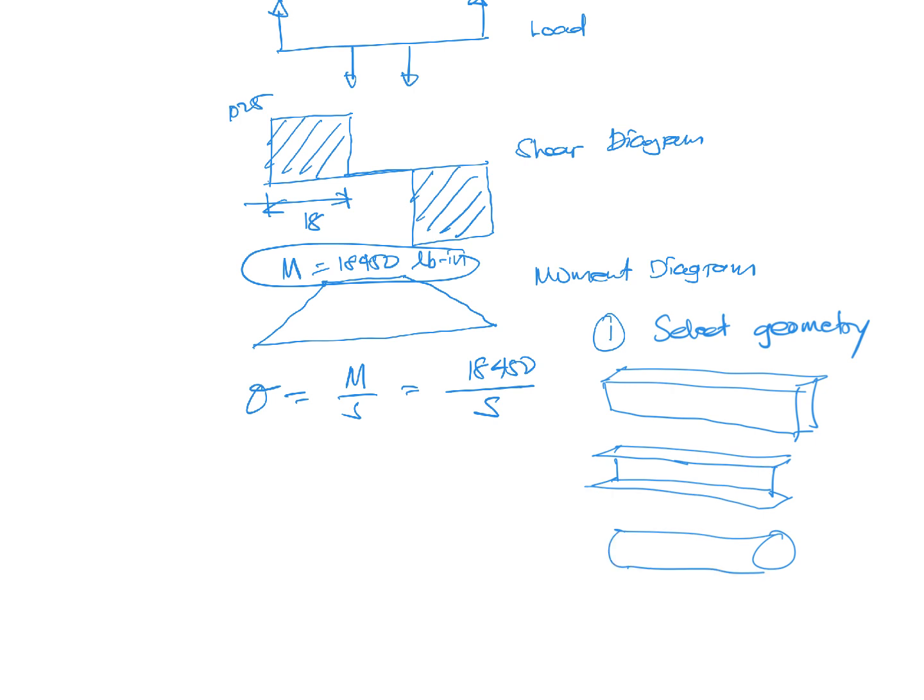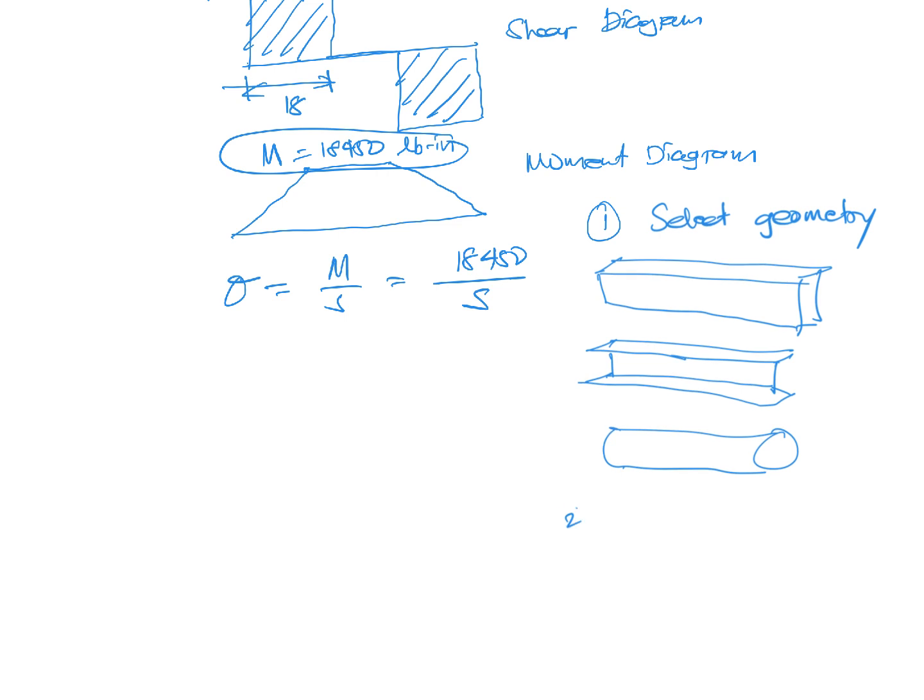That's what I mean by geometry. Because we already know the length, but we don't know what's the geometry. So the geometry now is a function of the section modulus S. Or the other thing is you could select the type of material.